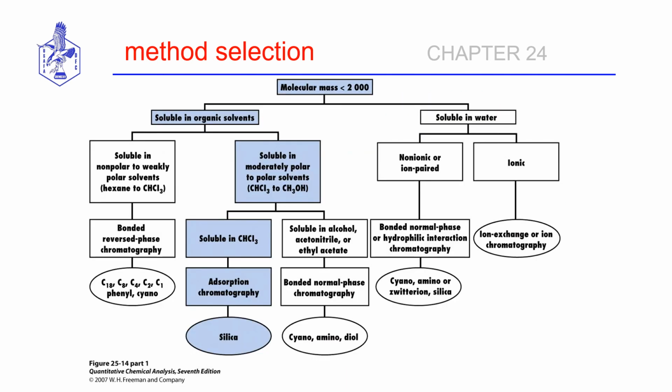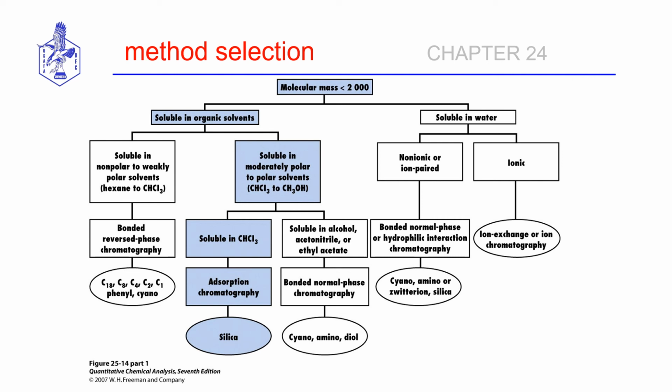The first thing we need to consider is the nature of our sample and the components within. To select the appropriate method for a separation, we need to start asking ourselves a number of questions, following the flow chart shown here.